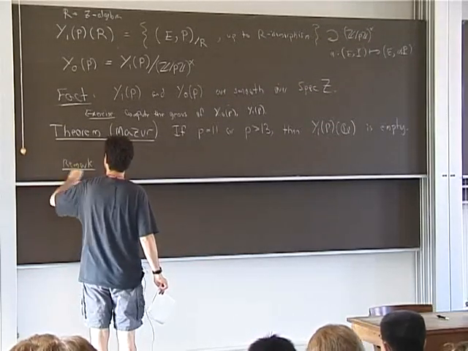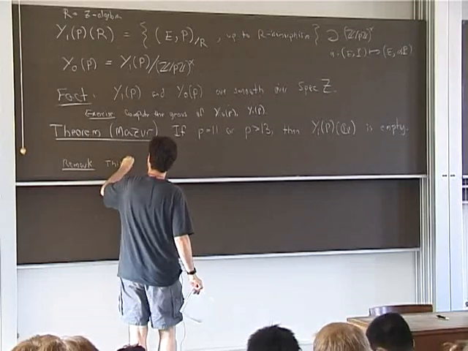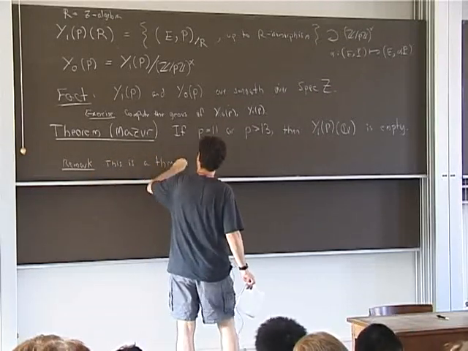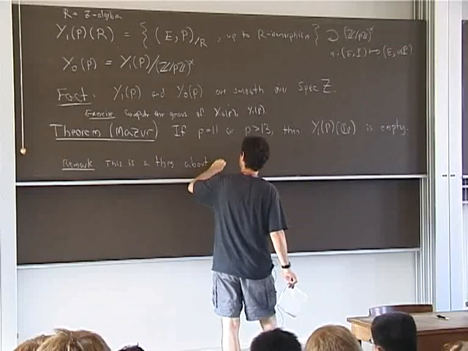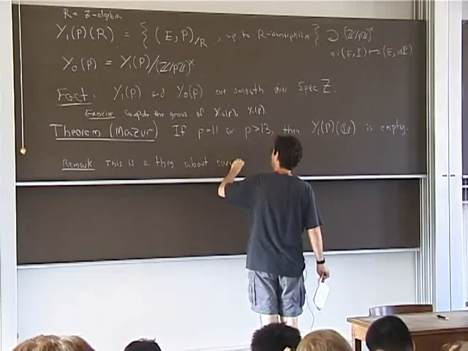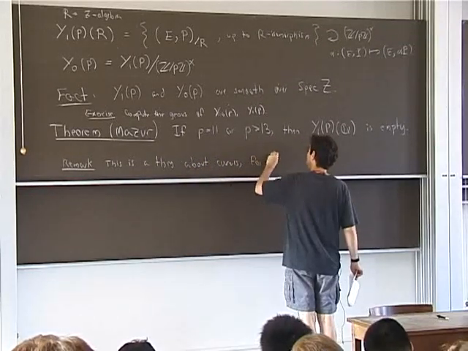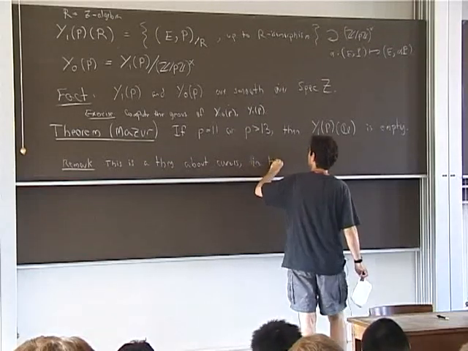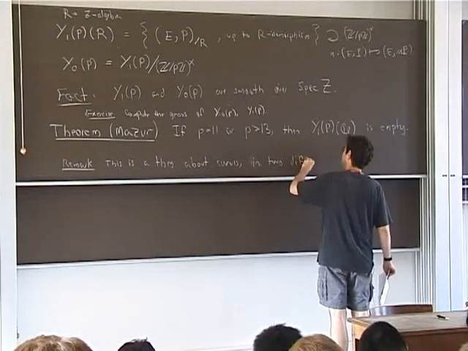And I want to make the remark now that this is a result about curves. So this is a theorem about curves in two different ways.